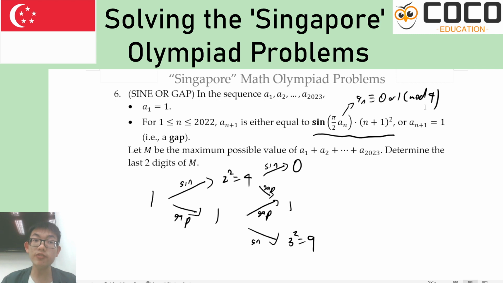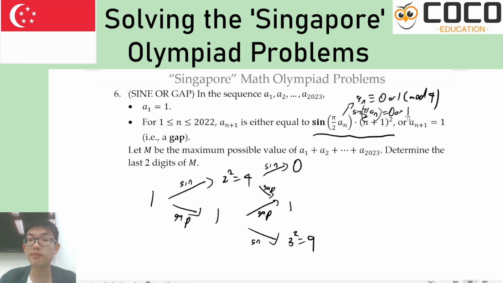Which means that you never have to worry about a negative number showing up. That's the good news. If it's 0 mod 4, then your sine of pi over 2 times, well, 0 mod 4 means a multiple of 2 pi. So this will give you 0. And if it is pi over 2, it gives you 1. So it literally just is going to be sometimes a 0, sometimes a 1.